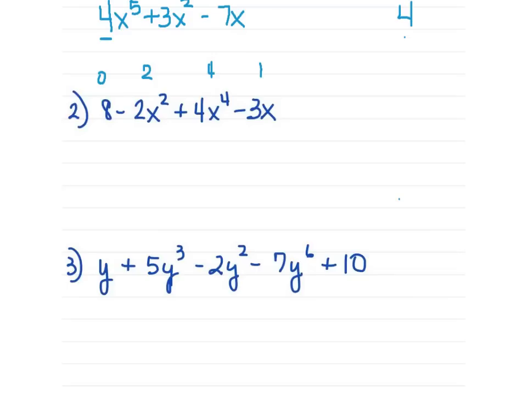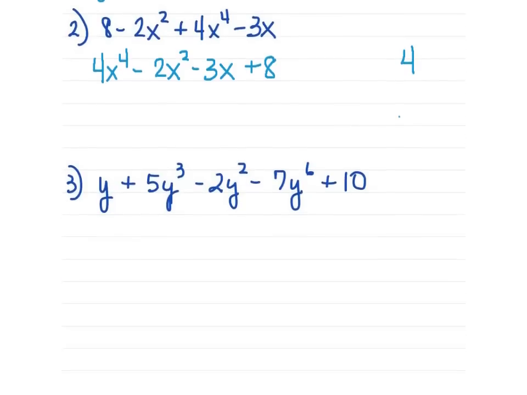So the first term is positive 4x to the fourth. The next term is negative 2x squared. Make sure you take the signs with you. The next term is negative 3x, and the last term is 8. Again, the leading coefficient for this polynomial is 4, the very first coefficient when written in standard form.